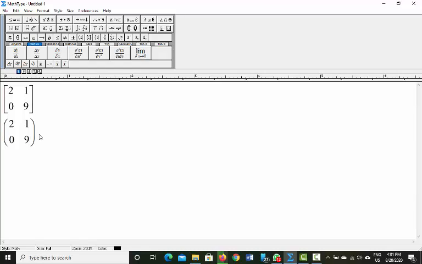So it's the same. So let us understand. What's the dimension of this matrix? As you can see, these are the elements of the matrix.